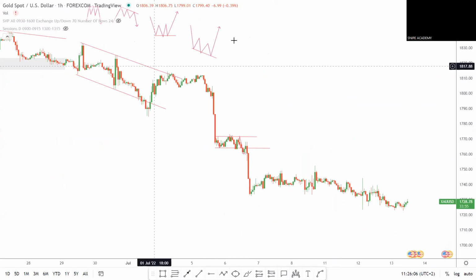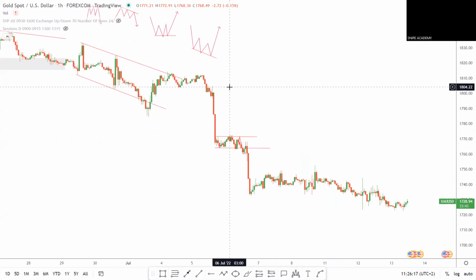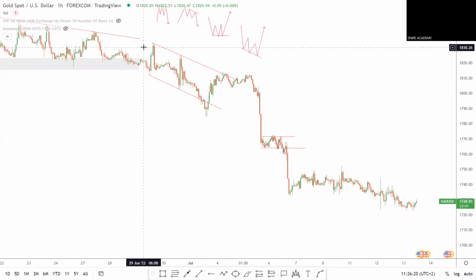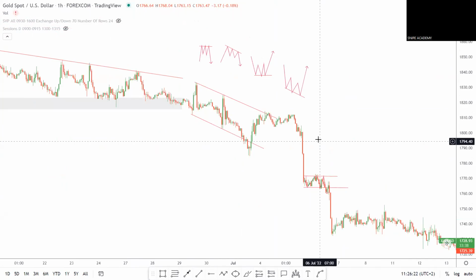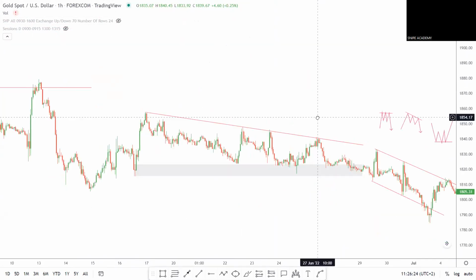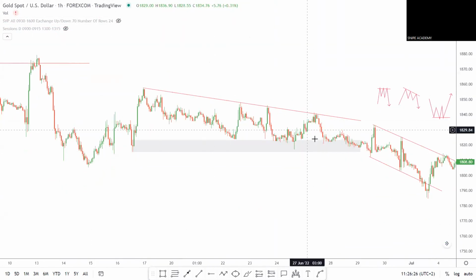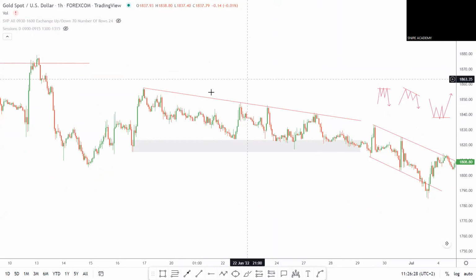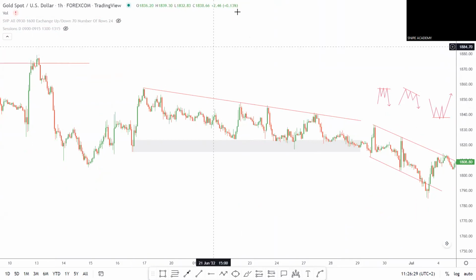Everything which does not have to do with volume or indicators, well, volume to some extent as well, but price action is basically just taking into account the price. No moving averages, nothing else. Just what the price is doing, the momentum the price has, etc. Okay, is this clear, guys?